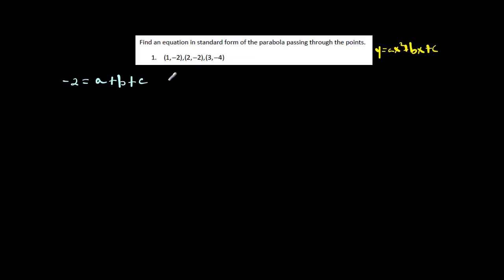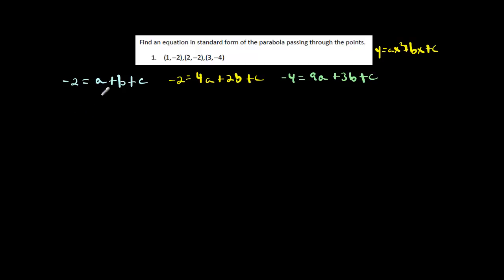This point will have -2 equals 4a plus 2b plus c. And the third one will have -4 equals 9a plus 3b plus c.